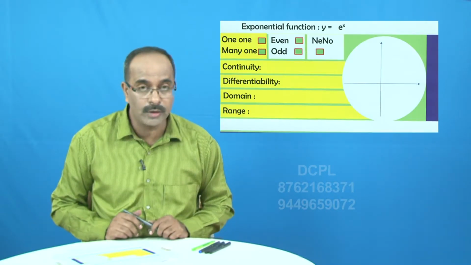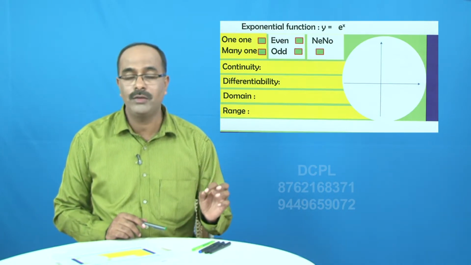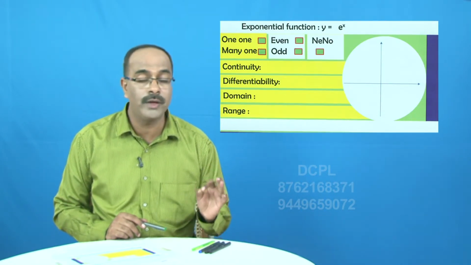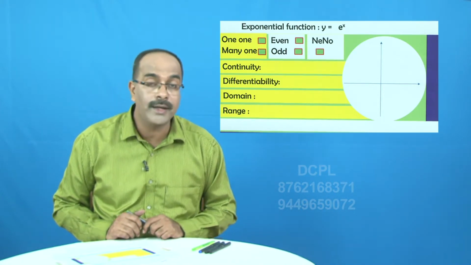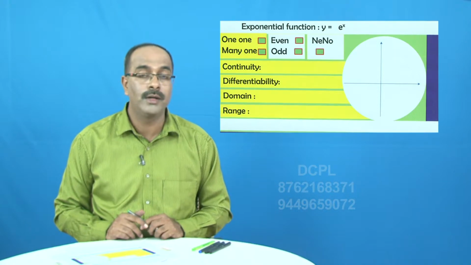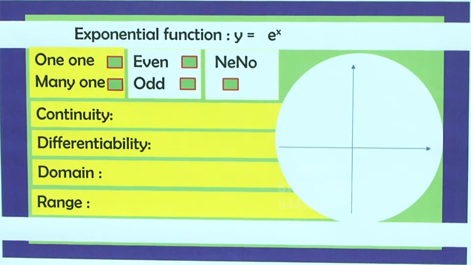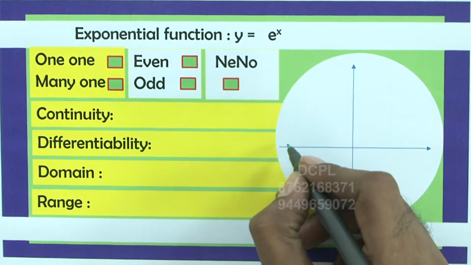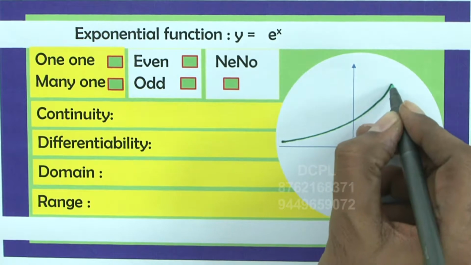Now, let us talk about the exponential function, dear students. y equal to e power x is a very, very special function, right? Now, let us analyze this function. Let us draw the graph of e power x and analyze it. See, y equal to e power x is clearly a graph like this.